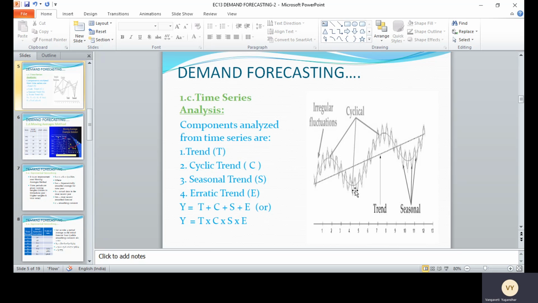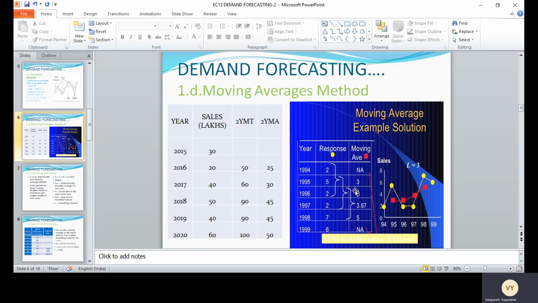Number one, trend, denoted by T. Next one is cyclic trend, denoted by C. Third one is seasonal trend, denoted by S. And the fourth one is erratic trend, denoted by E. Some forecasters use addition, and some firms use multiplication: T plus C plus S plus E, or T into C into S into E. So like that we can see time series analysis is one of the methods of demand forecasting.